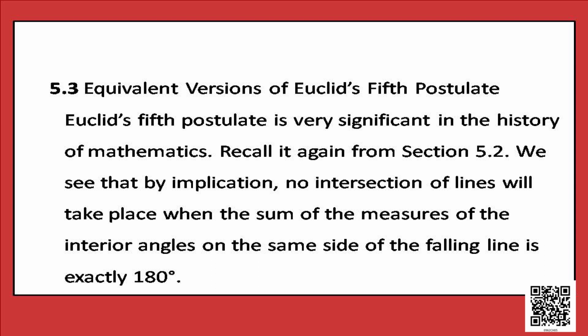Recall it again from section 5.2. We see that by implication no intersection of lines will take place when the sum of the measures of the interior angles on the same side of the falling line is exactly 180 degrees. That means the two lines are parallel to each other.